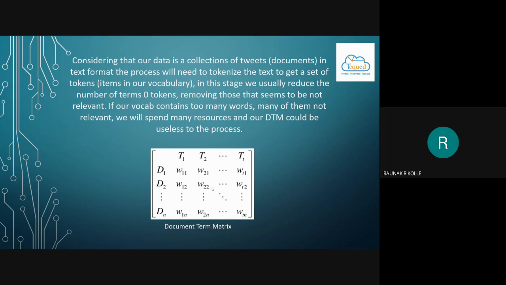If our vocabulary contains too many words, many of them may not be relevant to the context, hence such words can be removed. We will spend many resources and our DTM could be useless to the process if there are many irrelevant words. This is a diagrammatic representation of the term document matrix.